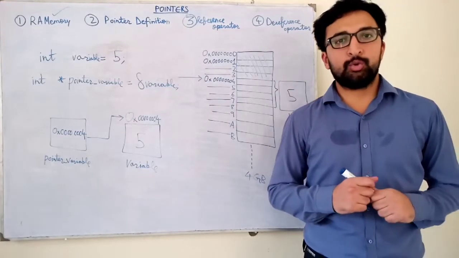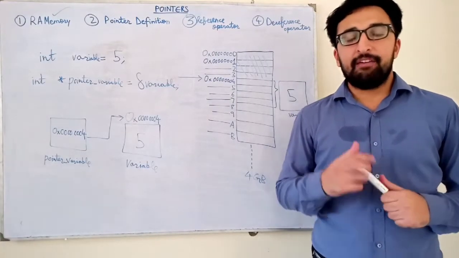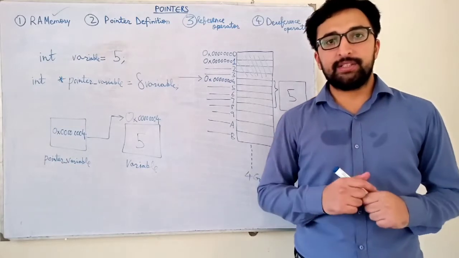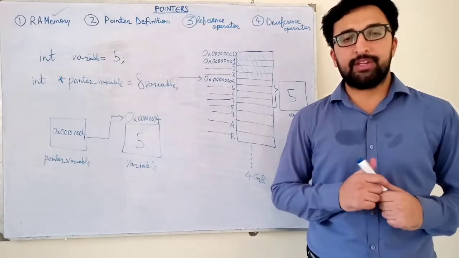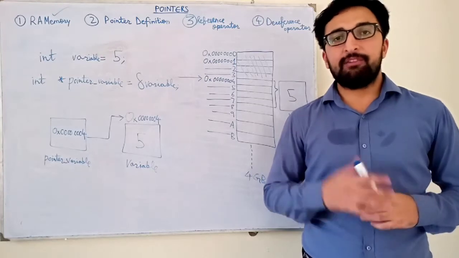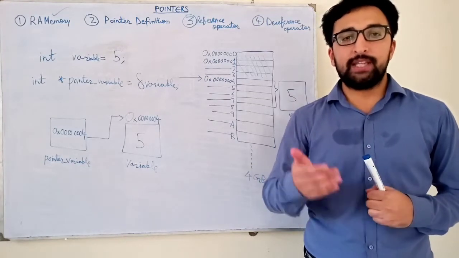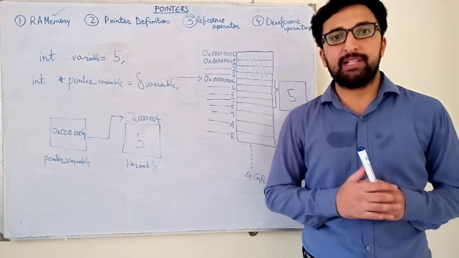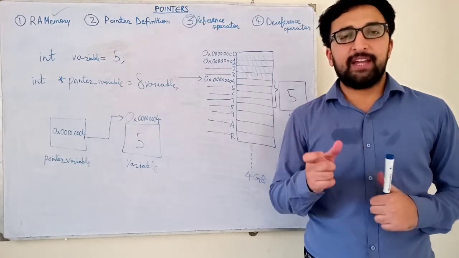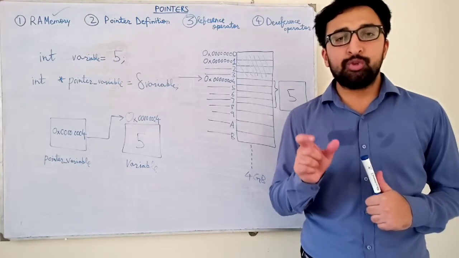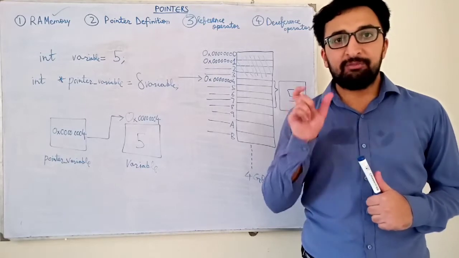Now that we have understood the concept of RAM, we start to understand the definition of a pointer. Pointers are variables that hold the addresses of some other variables. Normally when we are using variables, they are used for holding some values.